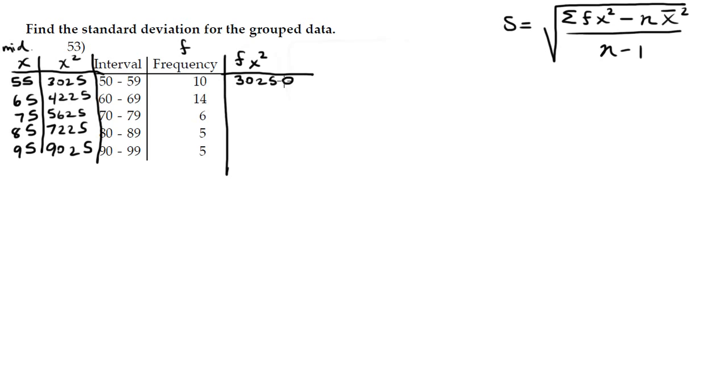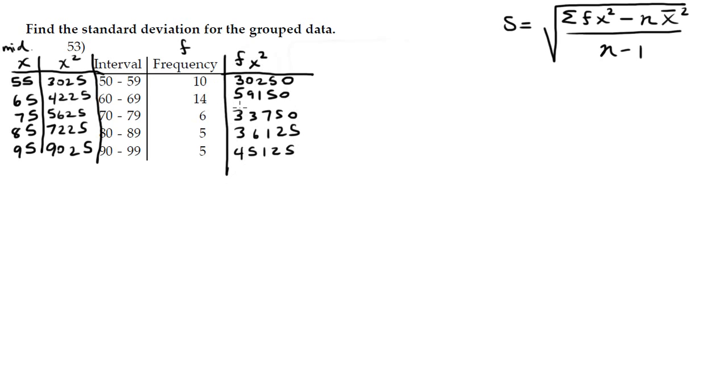4225 times 14, 59150. 5625 times 6, 33750. 7225 times 5, 36125. 9025 times 5, 45125.